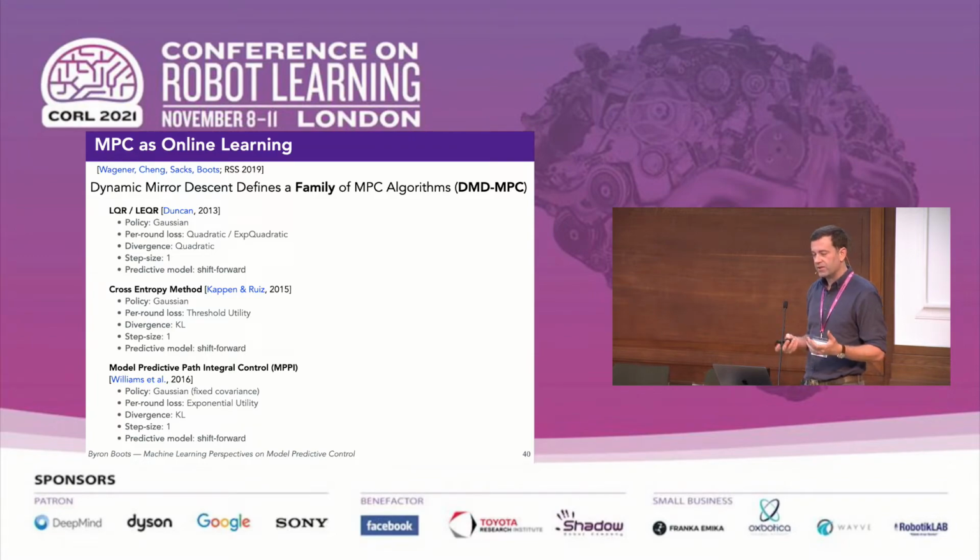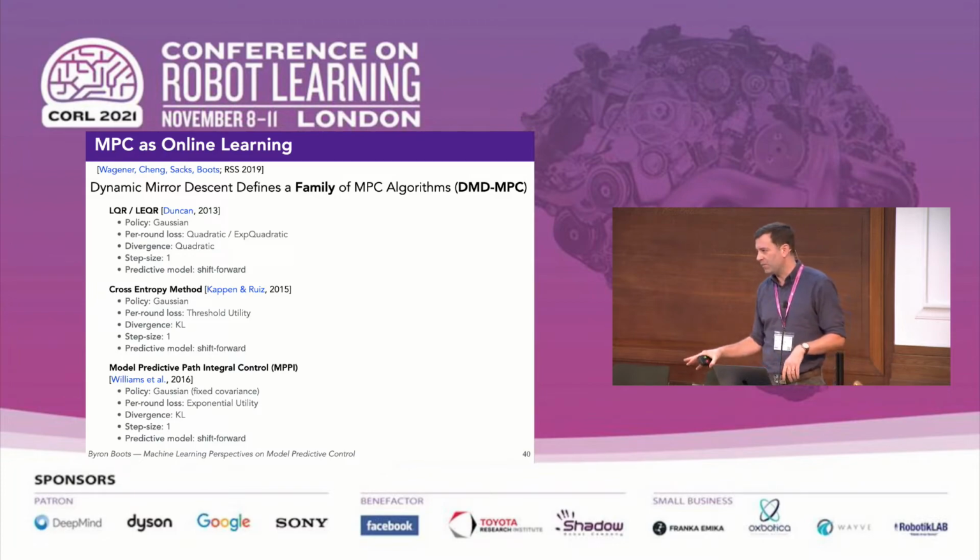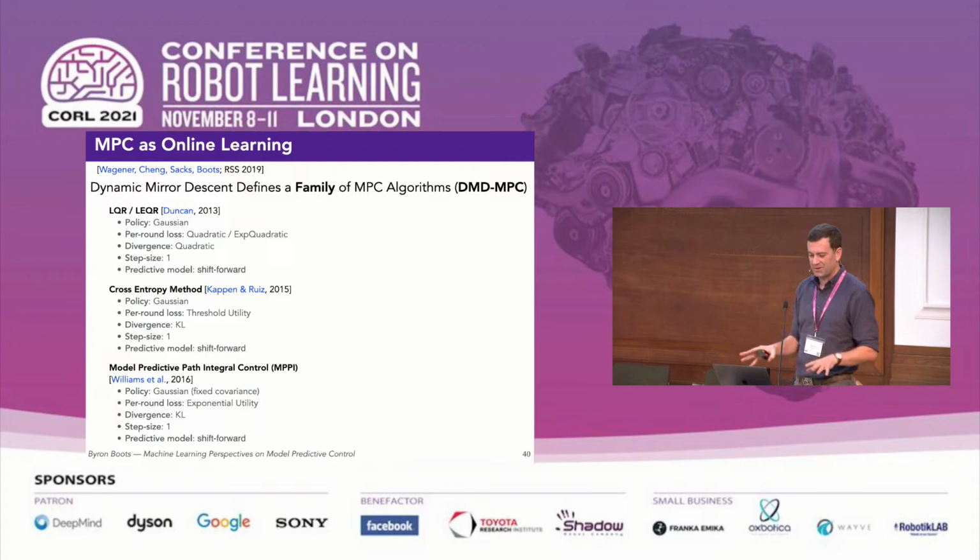And if you look into the details, you'll actually see that this perspective suggests that many off-the-shelf MPC algorithms are actually suboptimal, which is super interesting. So from an optimization viewpoint, they make a number of heuristic choices which are not necessarily well justified. An example of this is step size, which is hidden in the usual stochastic MPC derivations, but is an important component to getting optimization to work well.